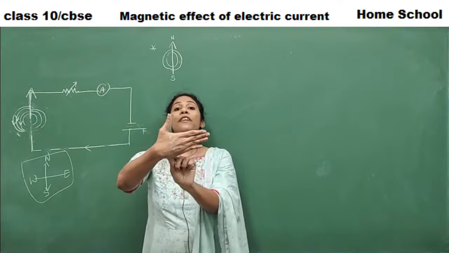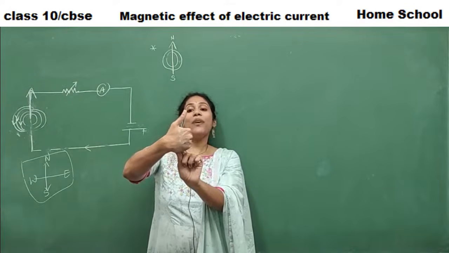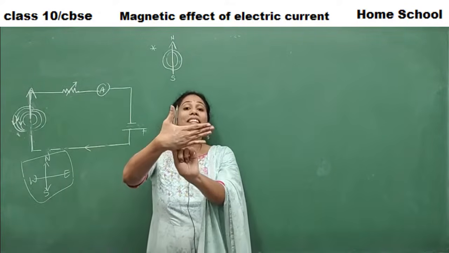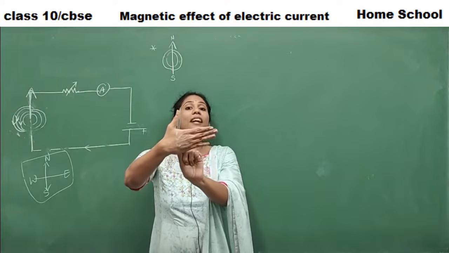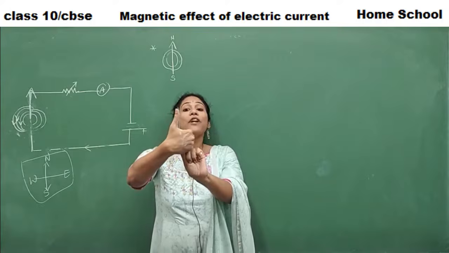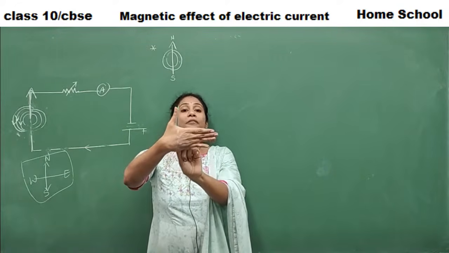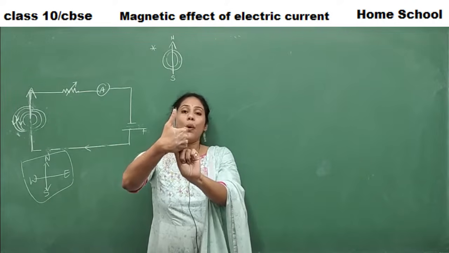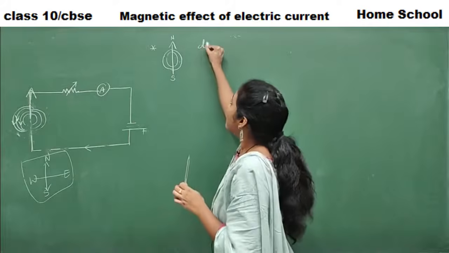How do I fold my fingers? I have to fold from inside. From east to west I am folding. See the folding: from east to west, these curled fingers are the direction of the magnetic field. Clear? So let me write here.